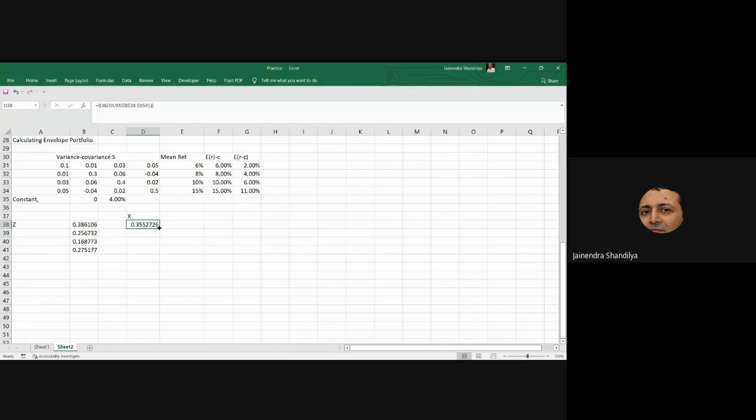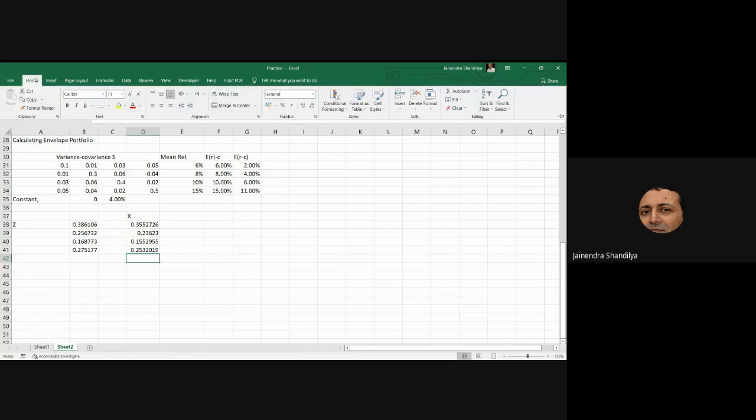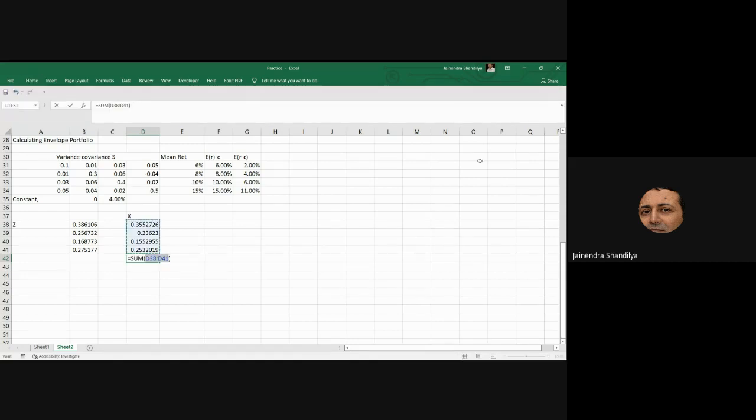Then I drag this down. Okay, so I've got these 4 X's: X1, X2, X3. Just to check whether this is right or not, you need to check whether this sums to 1 or not. Because if it is not summing to 1, it means something is missing. There is no way it should not sum to 1.